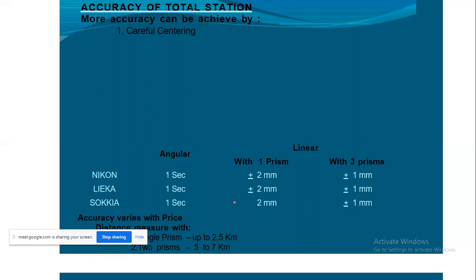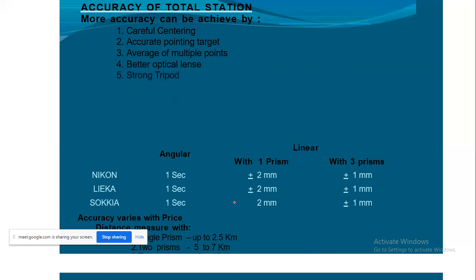To get accuracy, you are supposed to do careful centering, then accurately point the target, that is, point accurately at the center of the prism. Then take the average of multiple points, then a better optical lens, so that you can get a clear focus.